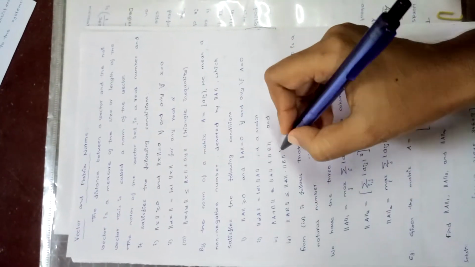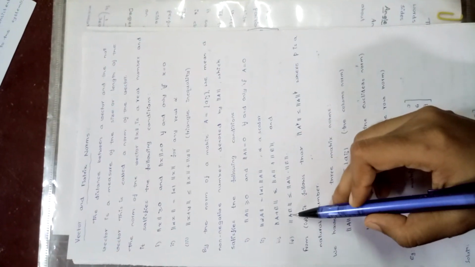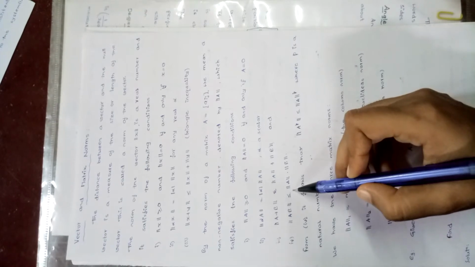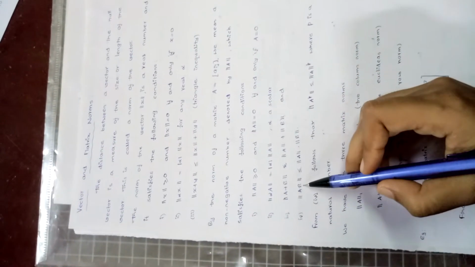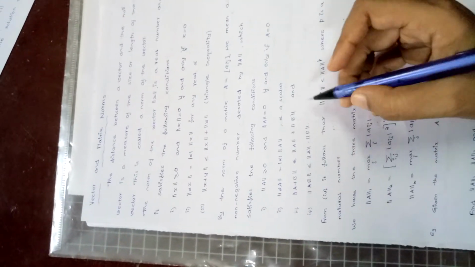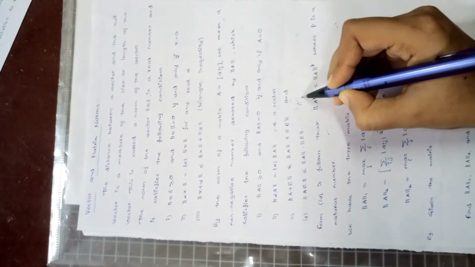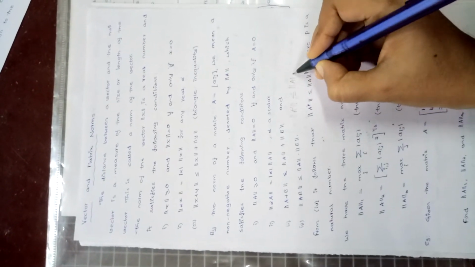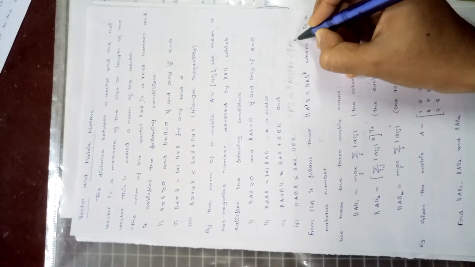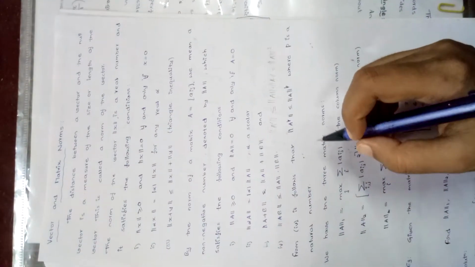One extra condition for a matrix norm is that norm of A into B is less than or equal to norm A into norm B. Now we can substitute B equal to A, so we get norm A square is less than or equal to norm A into norm A. We can write this as norm A whole square.